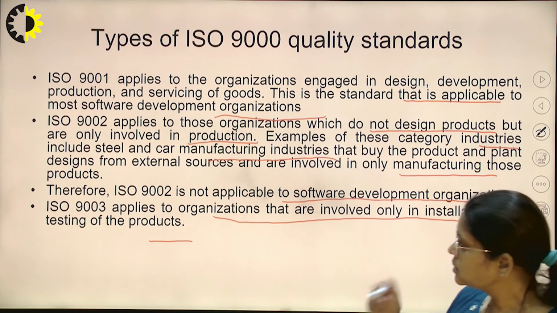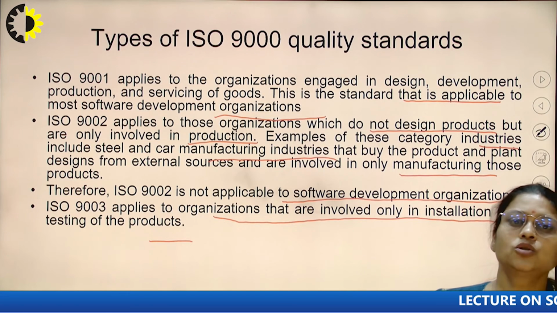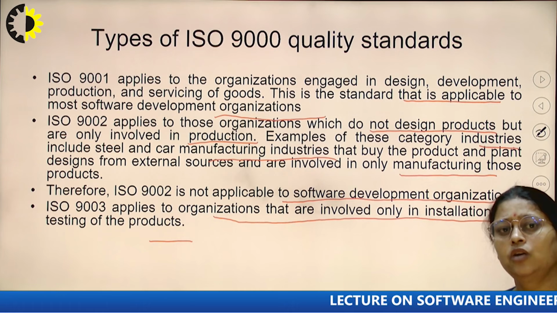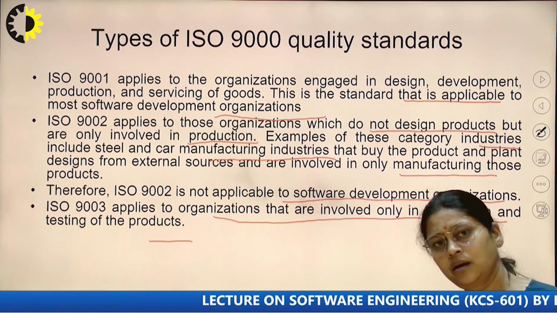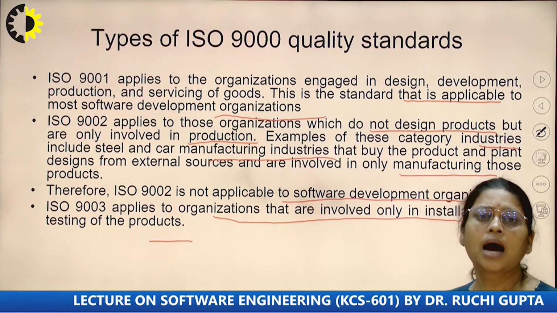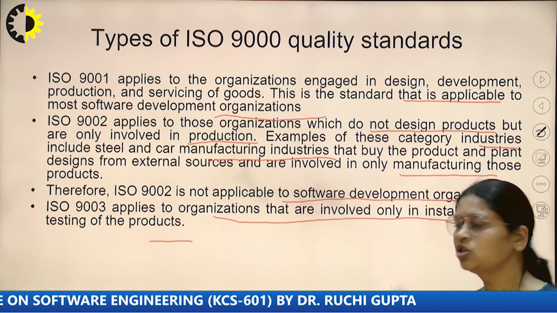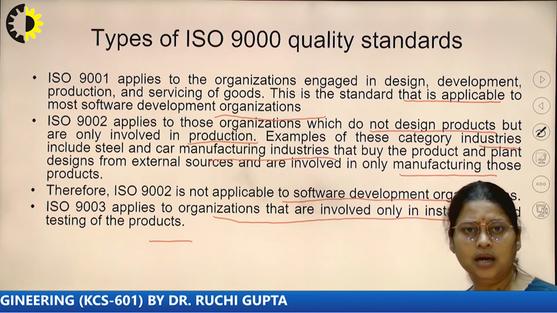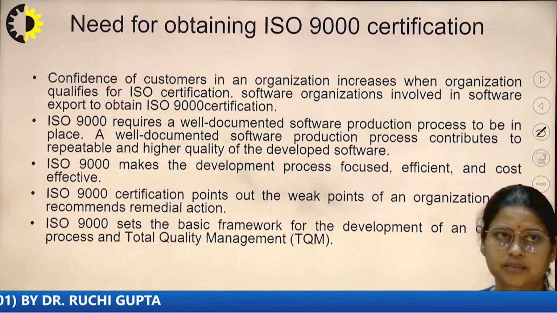Various vendors are only involved in testing or installation, like TV, fridge and other manufacturing companies hire some third party for the installation. Such companies that have to provide services to the customer come under the category of the ISO 9000 series.